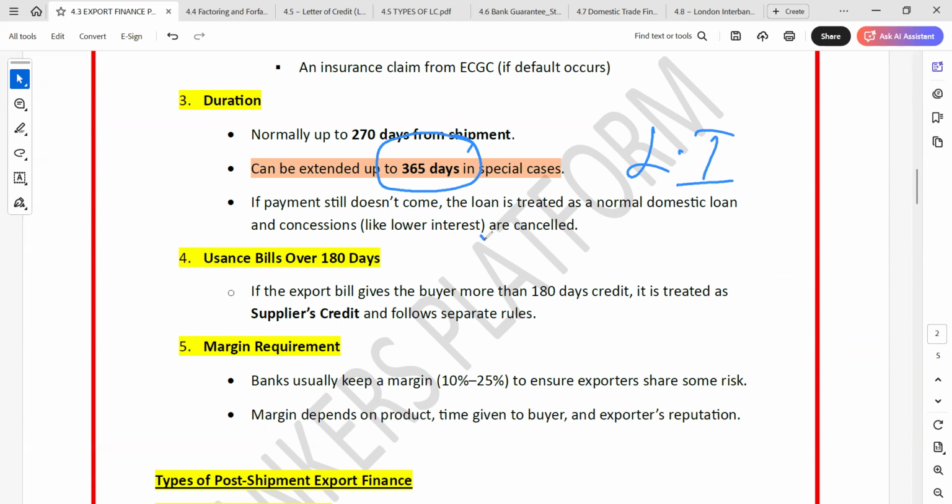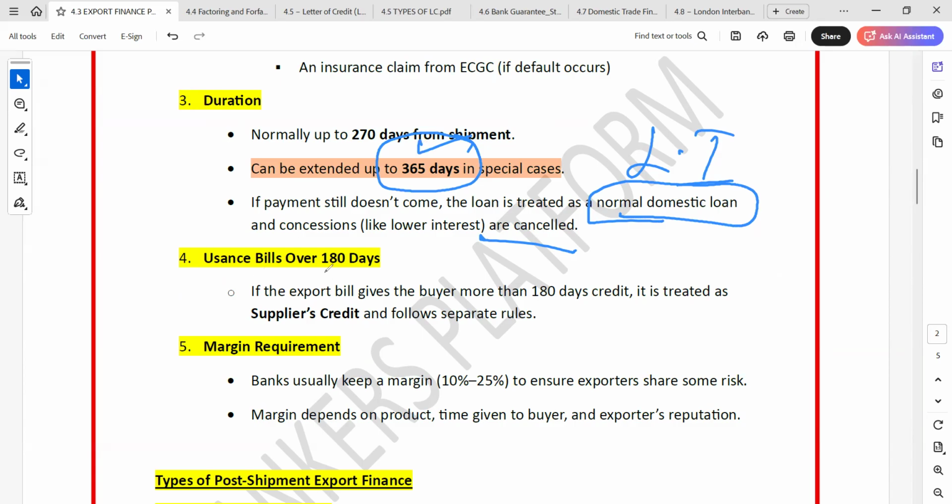It will be treated as a normal domestic loan, and higher interest will be charged. And other facilities he would have got, like lower processing charges, so many things are there, he will not get if the payment is not coming within 365 days maximum.